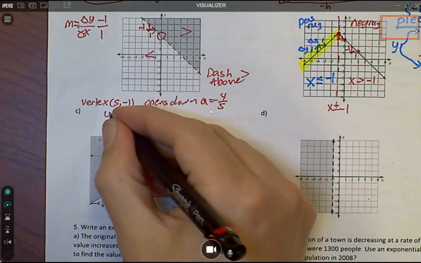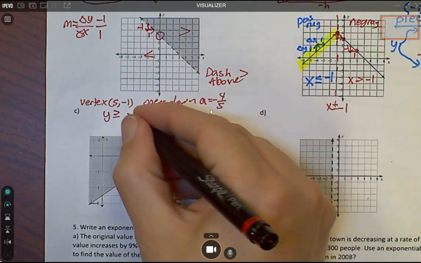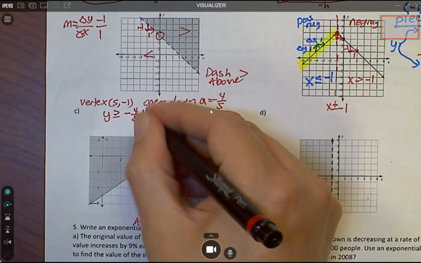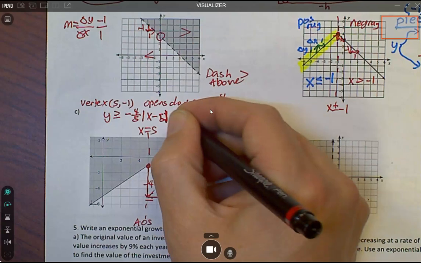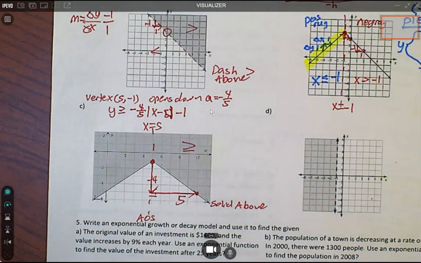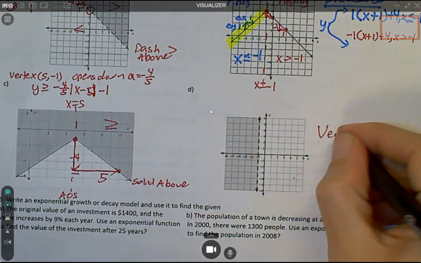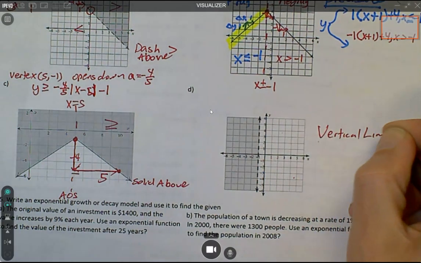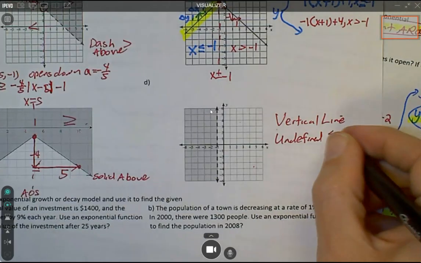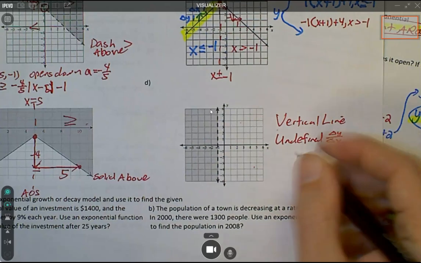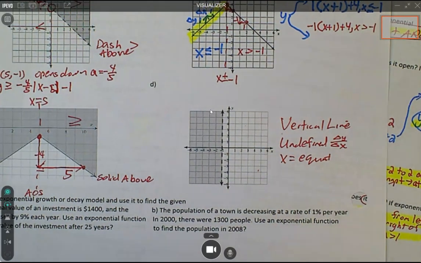Okay, let's write our function. Y is greater than or equal to A, and because it opens down, it's negative, times (x minus 5) minus 1. And I won't go over the piecewise definition. Okay, this is a vertical line, undefined slope, x equals equation.